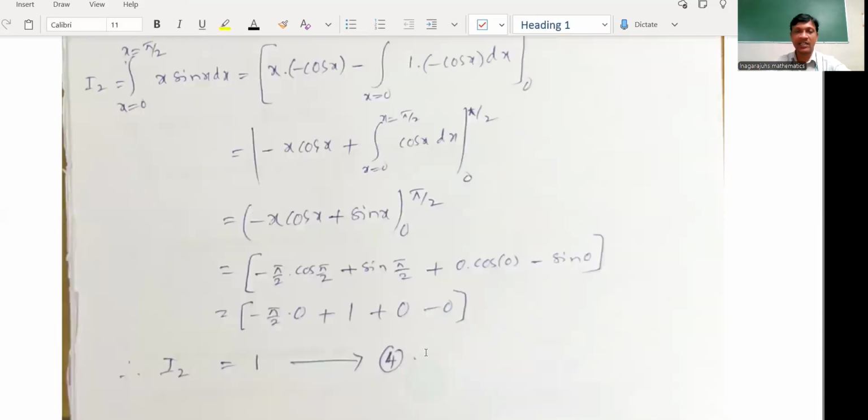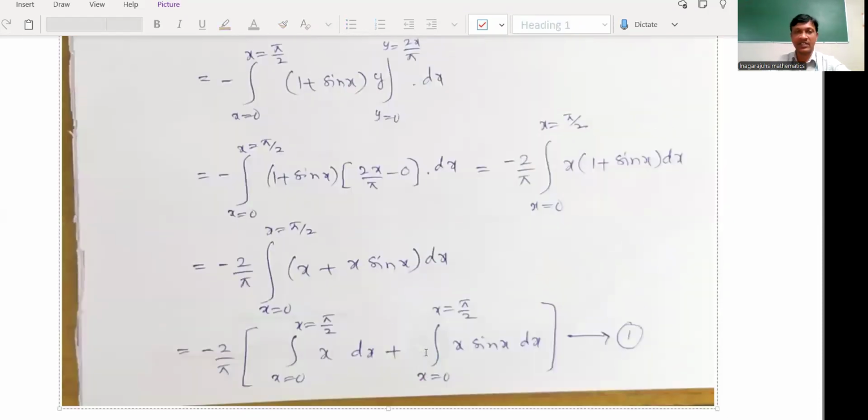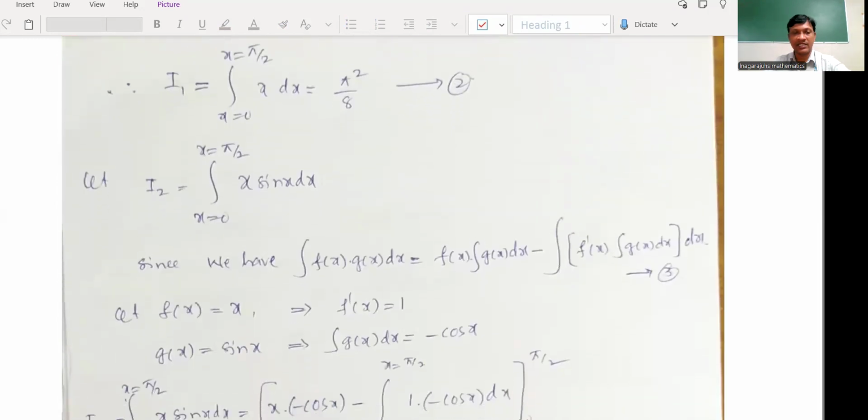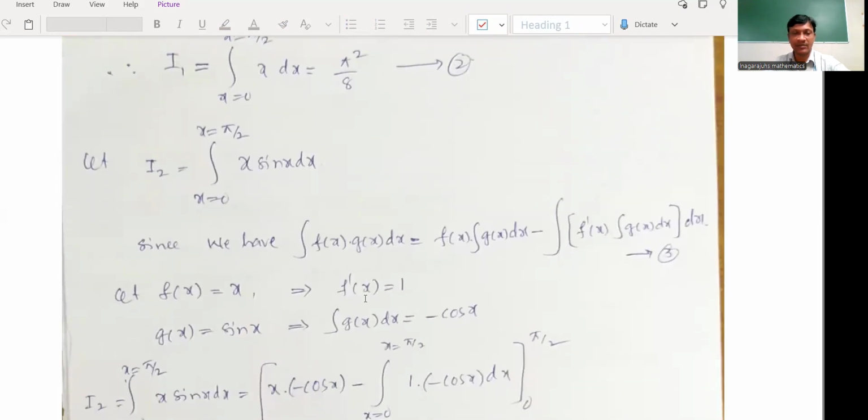Here let f of x = x and g of x = sin x. This implies f dash of x = 1, and integral g of x dx = minus cos x. Substitute these values in equation 3.